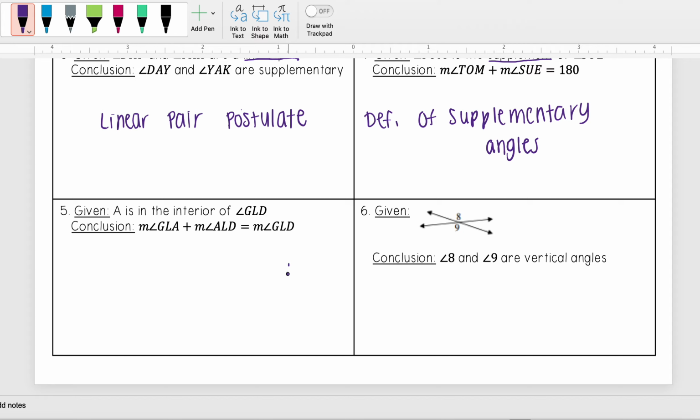So if I draw a picture of this, I have angle GLD, and I'm told that A is in the interior. And so then my conclusion is that GLA plus ALD is equal to the whole thing, and that postulate tells us that is the angle addition postulate. The two parts of the angle add up to equal the whole angle.